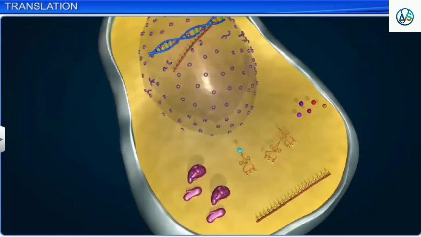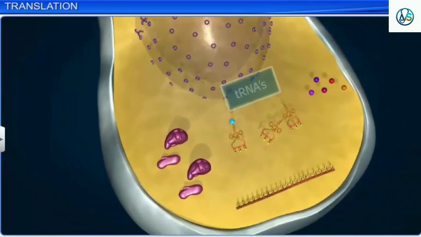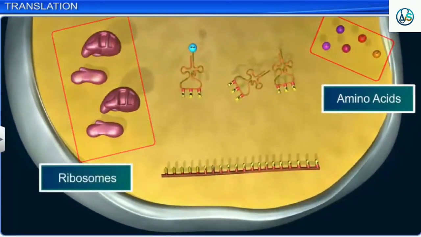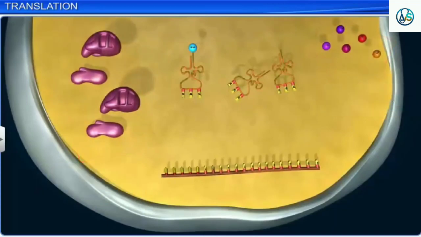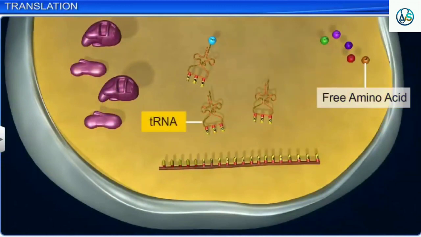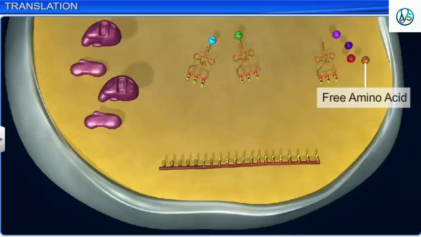The cytoplasm also contains tRNA, amino acids, and ribosomes, all of which are involved in the process of translation. The amino acids and tRNAs in cytoplasm become activated by a process called the charging or aminoacylation.